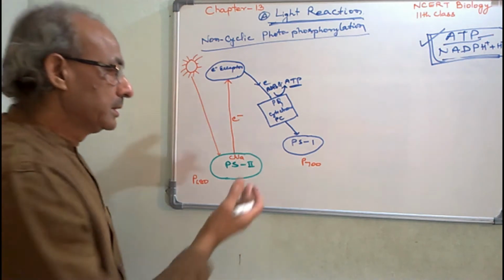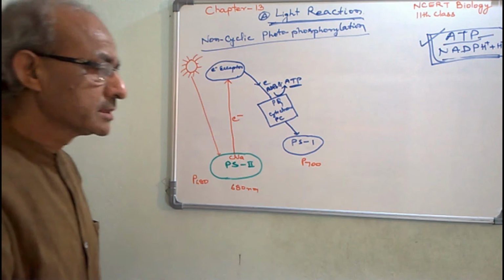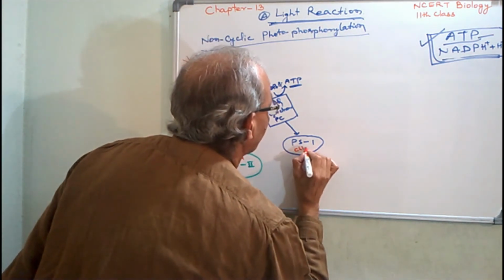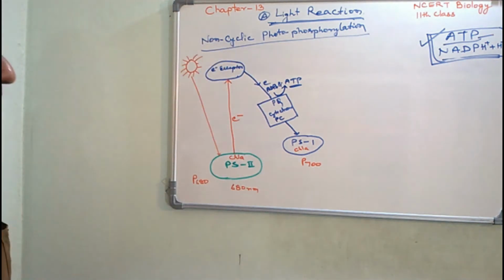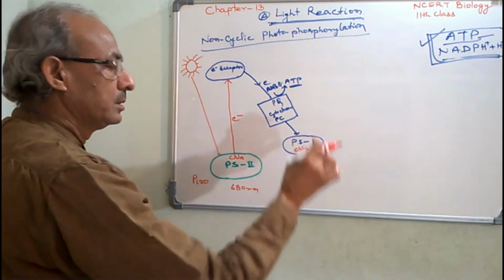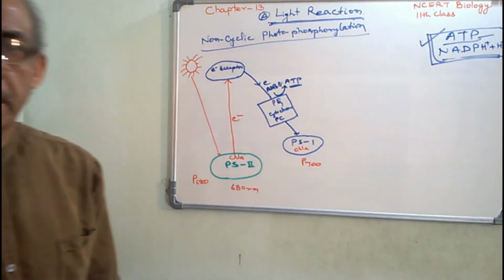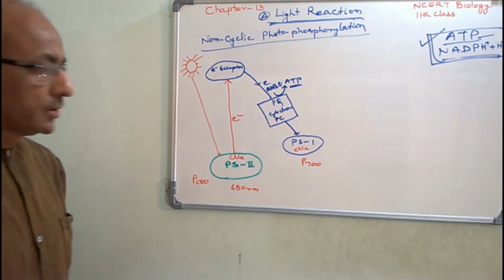As we know, in photosystem first, the reaction center chlorophyll A absorbs the red color of the light having 700 nanometer wavelength at maximum point.